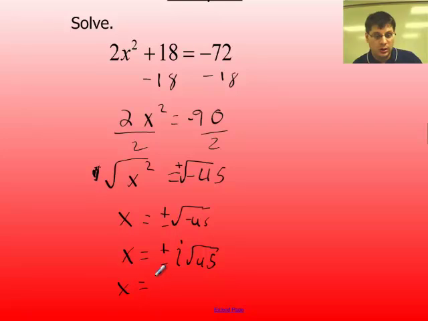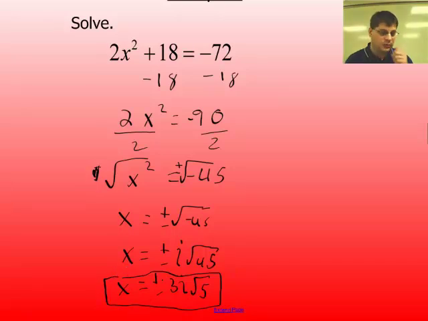So we write plus or minus 3i, and then we're left with just a square root of 5. So we have two imaginary answers: x equals plus 3i square root 5 and negative 3i square root 5.